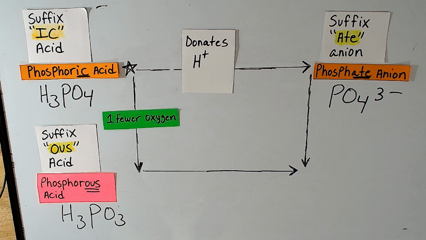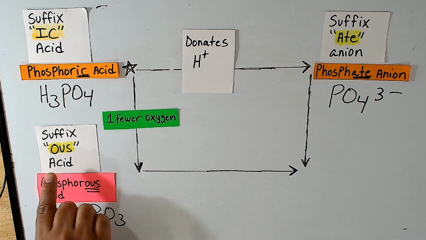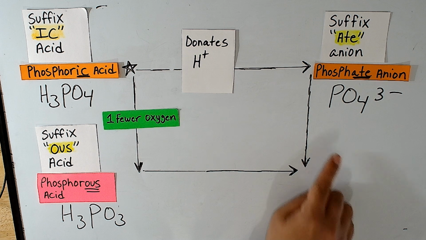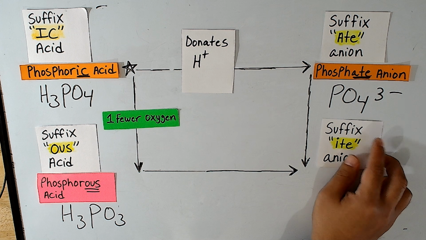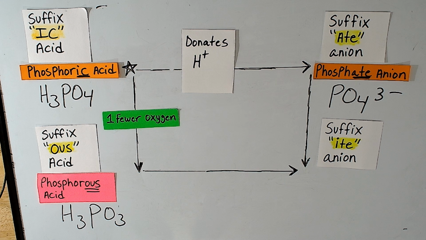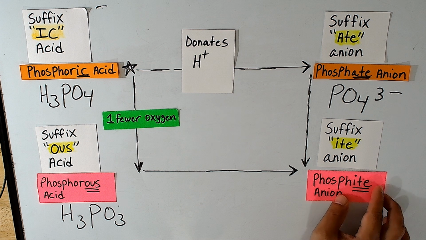So now, the next question is, can phosphorous acid donate hydrogen ions? Of course, it's an acid. So it's going to go to having an anion that is going to have the suffix of "ite." And that anion is going to be phosphite.